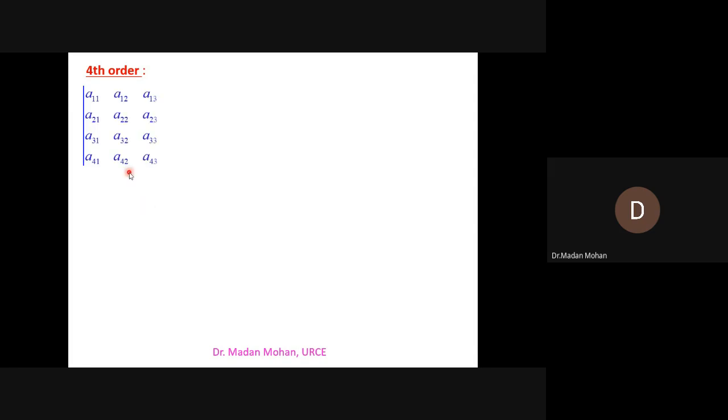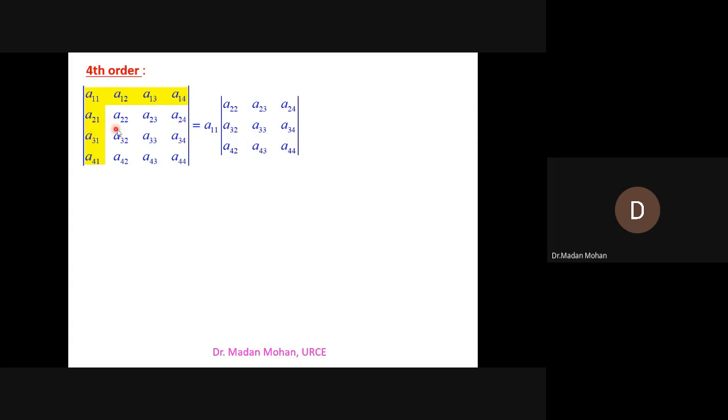The standard notation I am using, fourth order determinant. For example, I am expressing this using the first row with the different columns. This is A11 into the determinant of this third order.